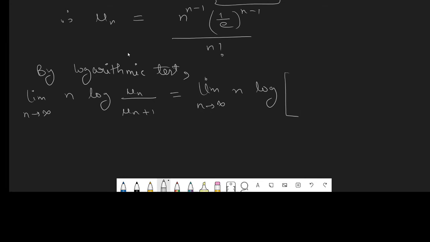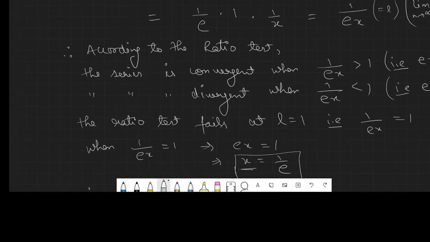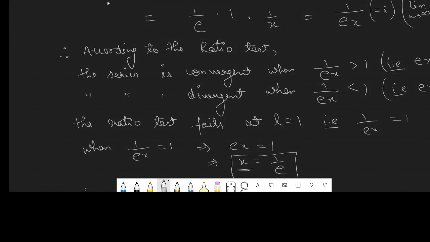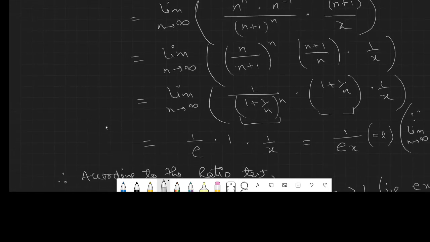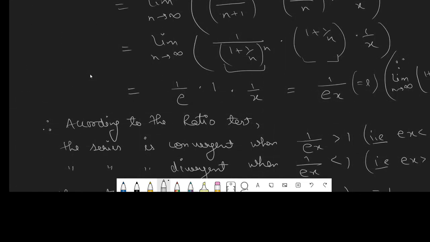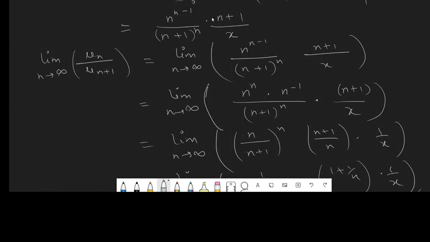If we see, we already have un divided by un plus 1, right? Yes, before applying the limit. So this is un divided by un plus 1.